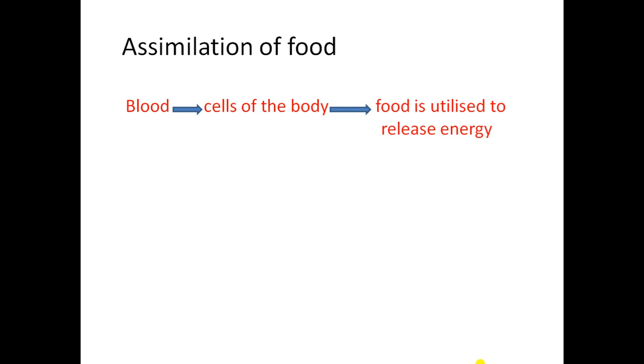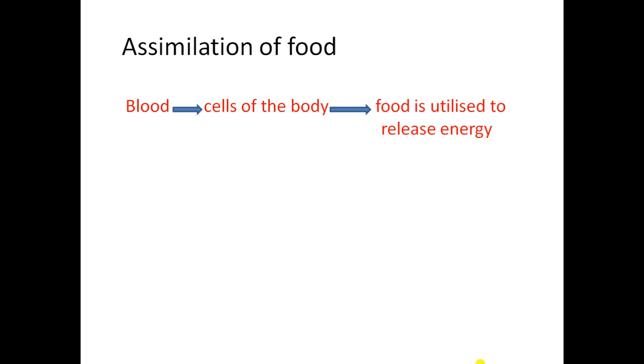of the body. Because blood is carrying the absorbed food, that absorbed food finally passes into different cells of the body, and there the food is utilized to release energy.